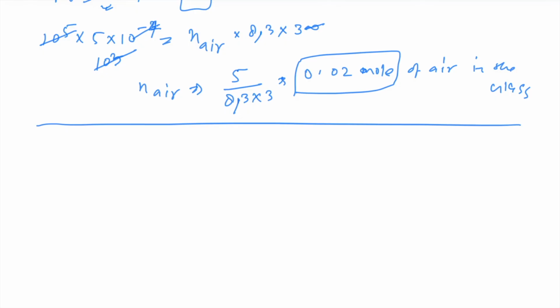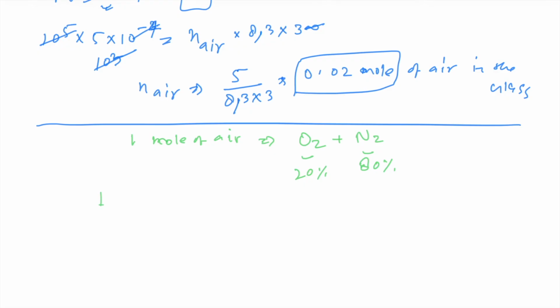In 1 mole of air, it's a mix of O2 plus N2 plus other gases, but we'll take 75% is this and 25% is this. So let's take, this is 21%, so let's take it as 20%, and this would become 80%.